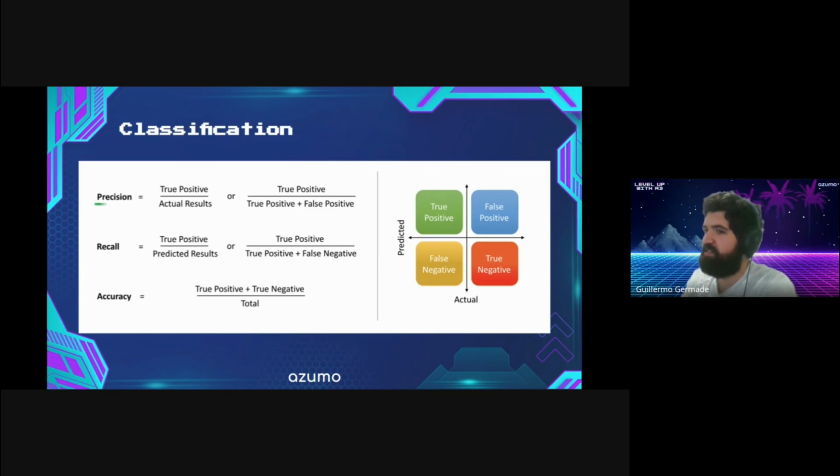So precision is simply the true positives out of all the actual results. Actual results means the real data. So an easier way of looking at it is this. Out of the true positives and false positives, which both mean true positive is when the model is right, and the real transaction is a positive.